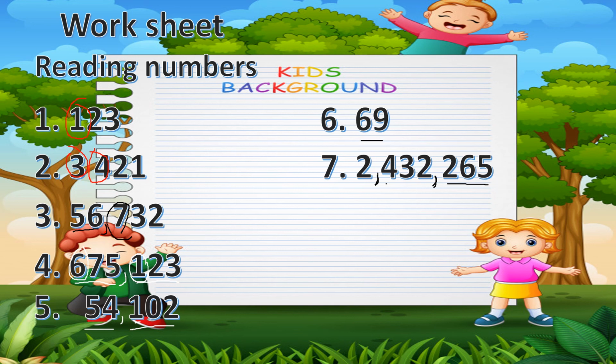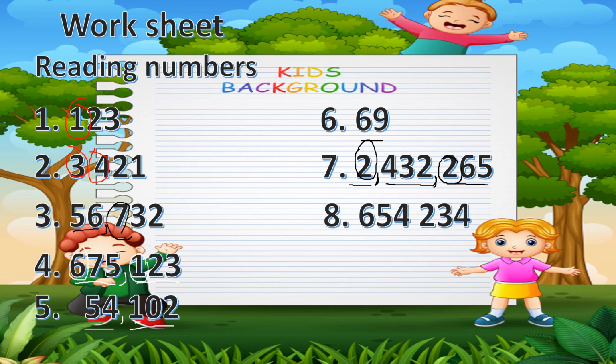This one is a period of 100. No, I mean 1,000. Sorry. This is a period of million. Okay, we're going to read now. 2,432,265. Is this right? 2,432,265.